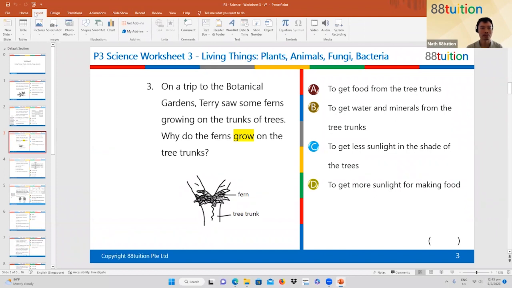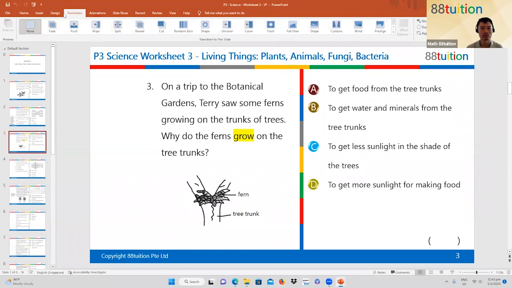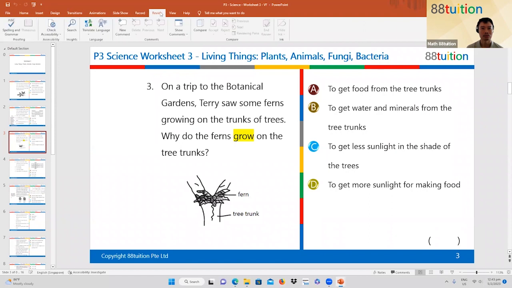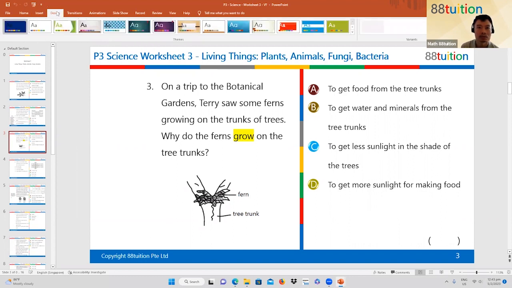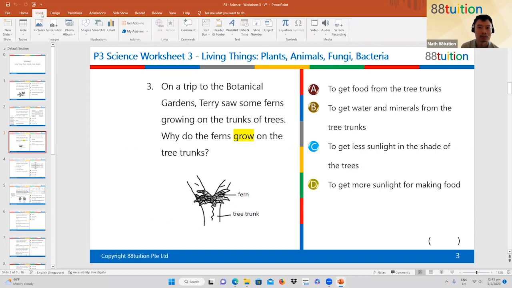Hey, where's my drawing pen? Let me look for it. Give me one minute to look for the draw function. Shapes. Where is my highlighter? Design animations. Give me a minute.